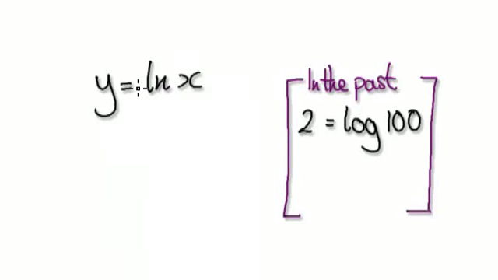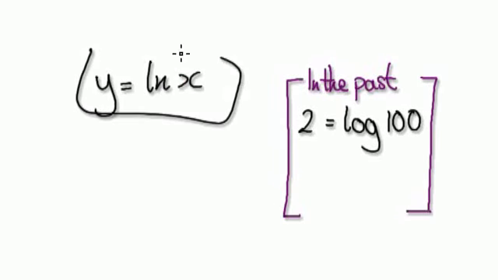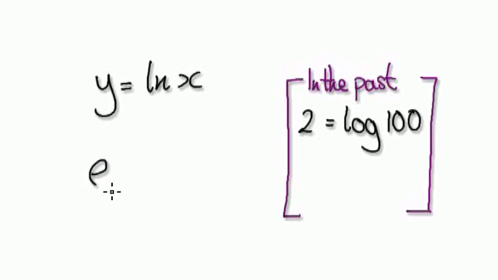To translate this, we zoom into the base, so it's saying e to the power of what will give us this thing here. In this case, it's y. So when given this, you can translate it as e to the power of y equals x.